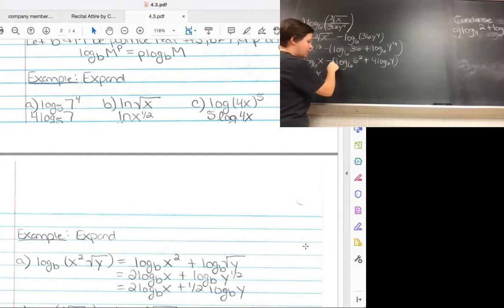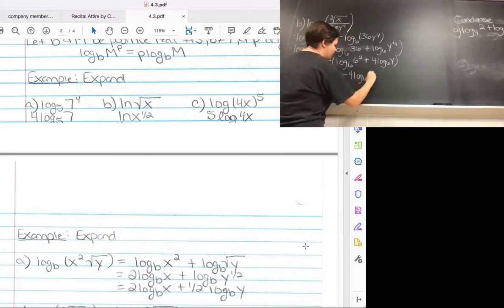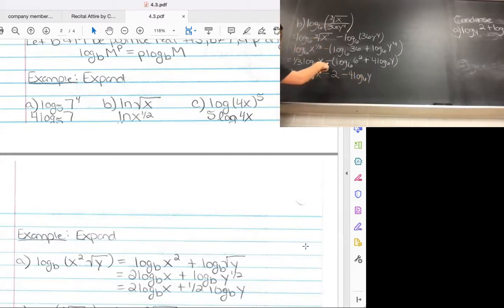Because that 2 is really going to come out front, and it's going to be 2 times 1, which is 2. So that's minus 2, minus 4 log base 6 of y. Notice I distributed that negative inside this parentheses. So I had a minus log base 6 of 6 squared, and minus the 4 log base 6 of y.